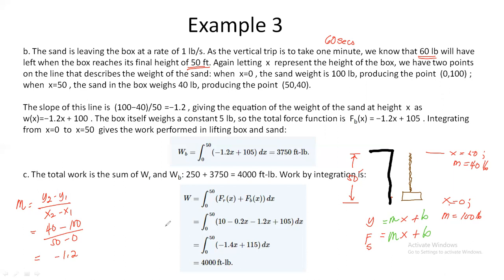You get it? So we are taking the slope for this line equation relating the force needed to lift the sand inside the box to the displacement of the box. So that particular slope is 1.2. So here I'll write y is equal to 1.2x. Now the question is, what is this b?